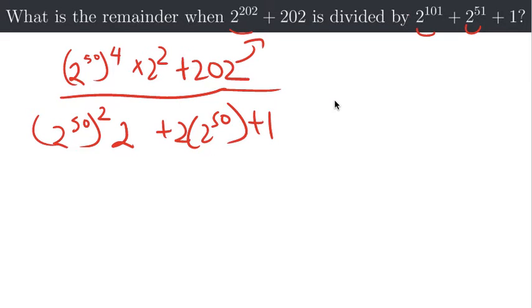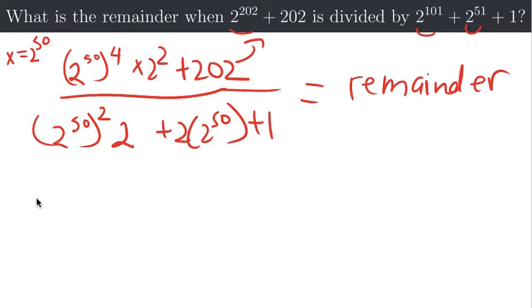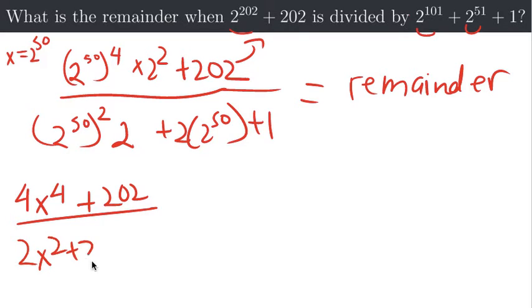That's what we're trying to figure out, and then we just need the remainder. Now let's get this in terms of x, such that x is equal to 2 to the power of 50. So that's going to be 4x to the power of 4 plus 202, divided by 2x squared plus 2x plus 1.